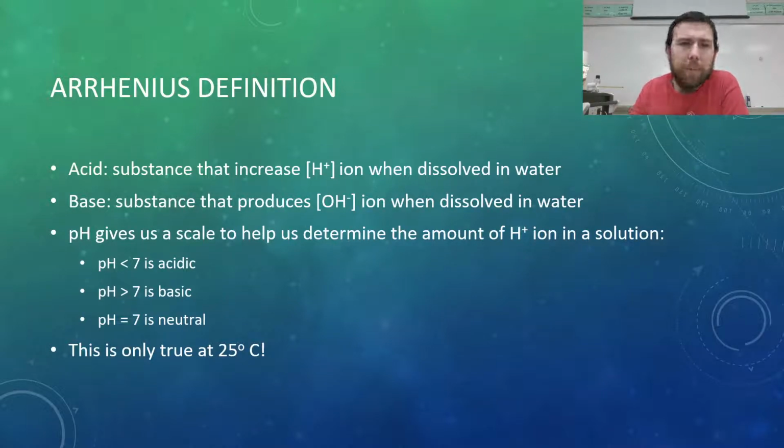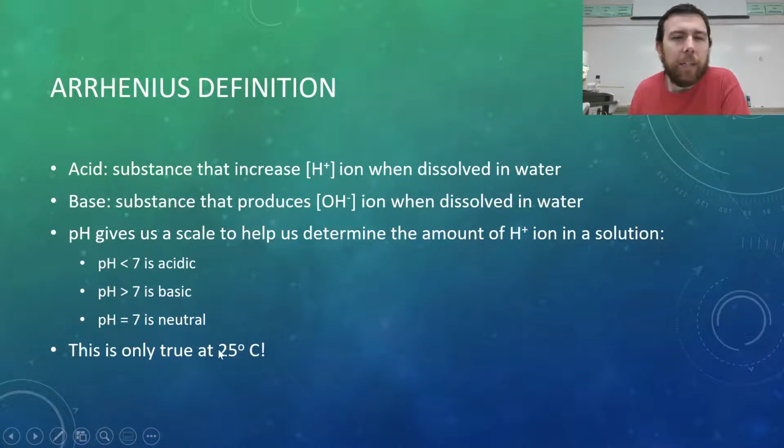Now, when we make these claims, talking about these pHs and using that particular scale, it's important for me to communicate, ladies and gentlemen, that this is only true at 25 degrees Celsius. I mention this because if you start to change the temperature of your solution, the scale is going to shift a little bit to where 7 may not be neutral, okay?